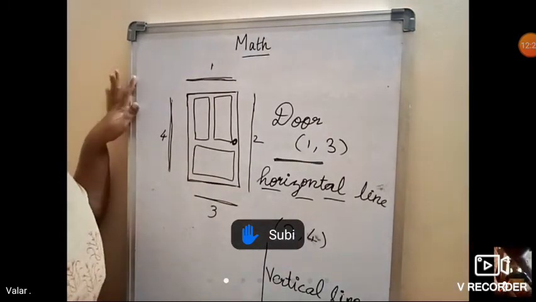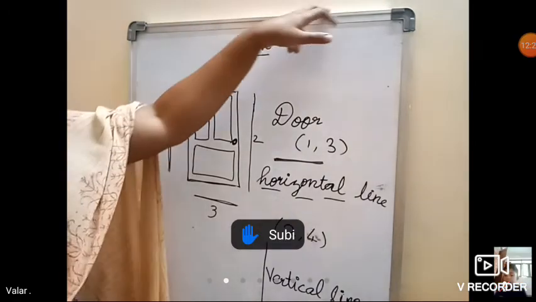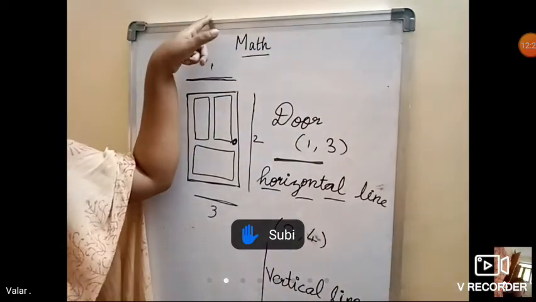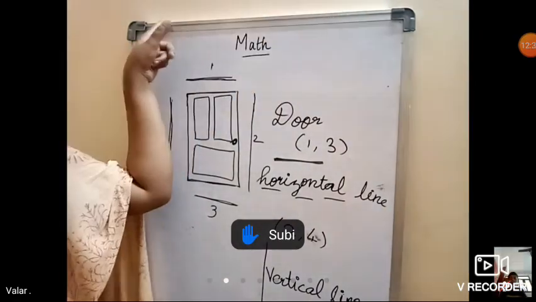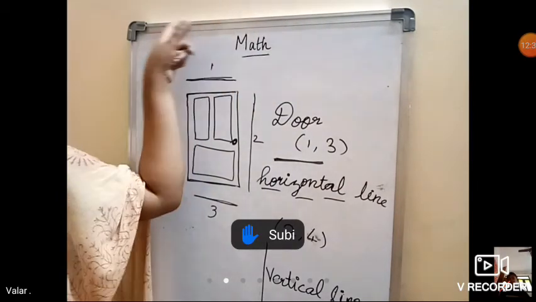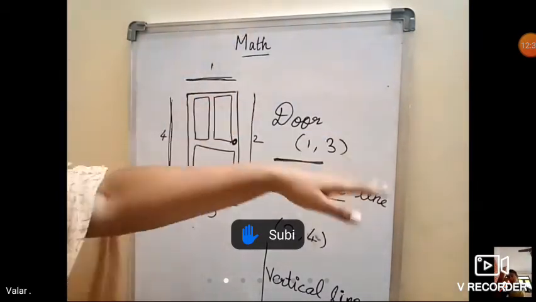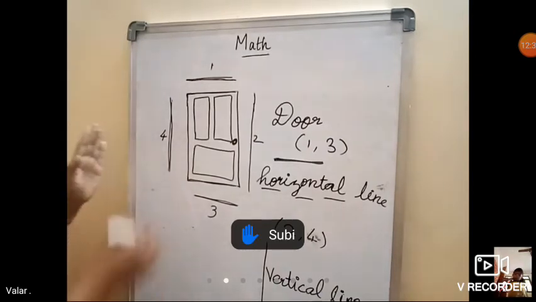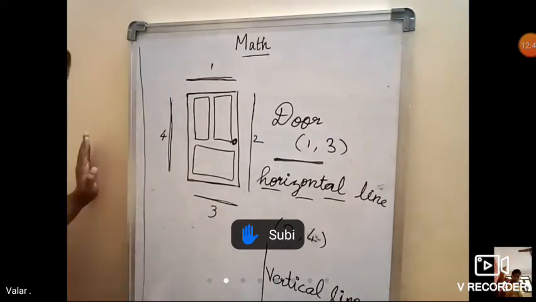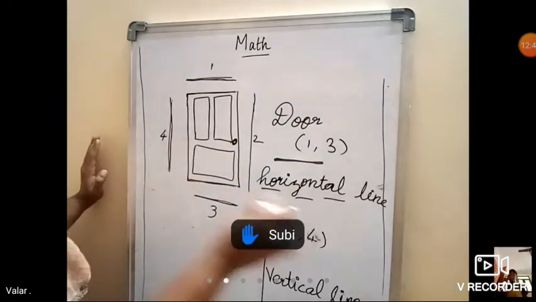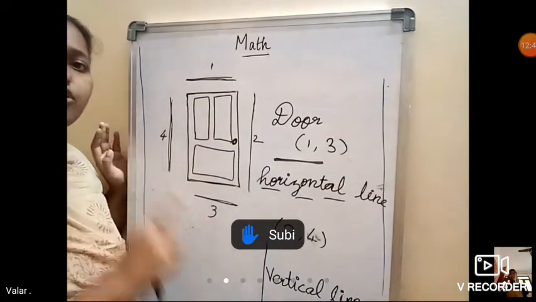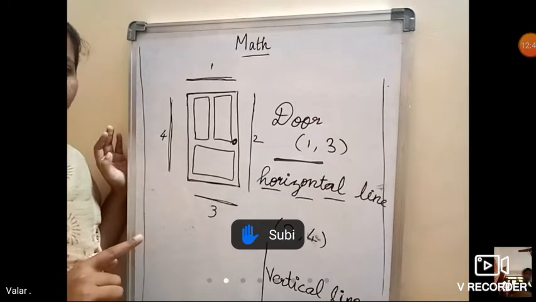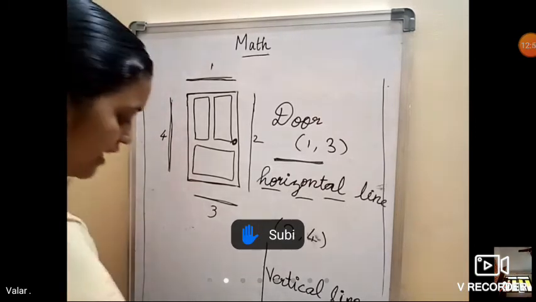Now you can see the board also. This side is like this, so we can call this side a horizontal line. Now these two sides are there, right? These are called vertical lines. If the line is in a standing position, that is called vertical.